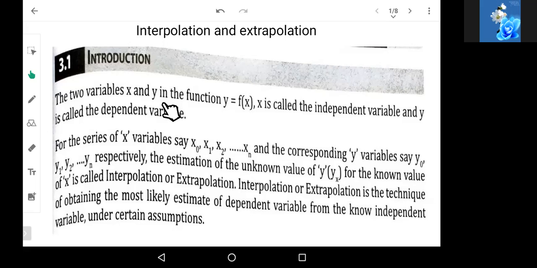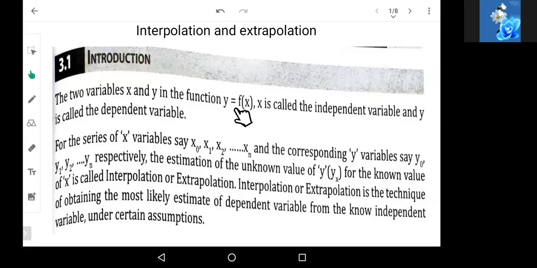This is called as f of x. Now here x is a independent variable.